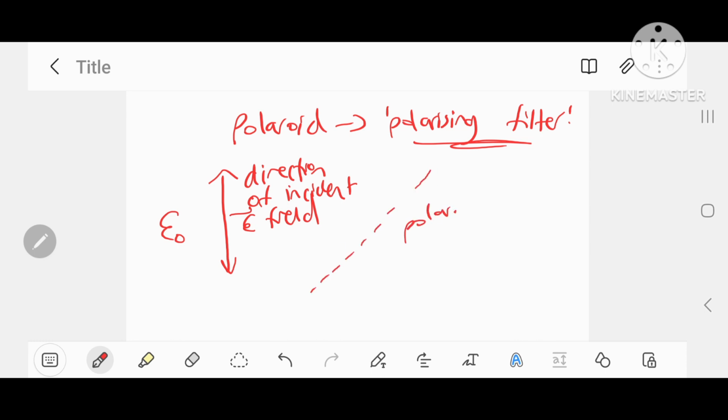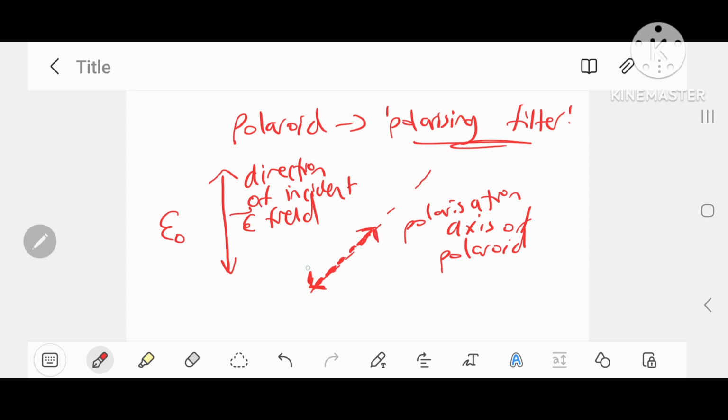So let's take this to be the polarization axis of a Polaroid. Okay, it's basically a thin sheet of material. Now the component of the electric field that comes through, that gets transmitted, points along the axis of the filter.